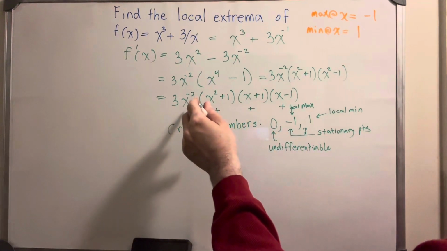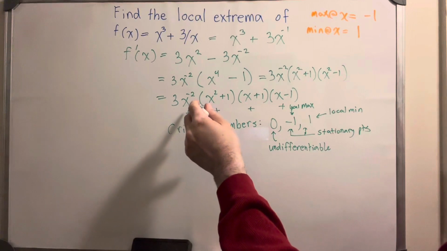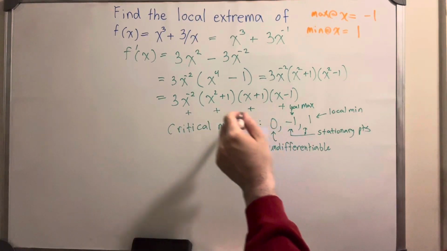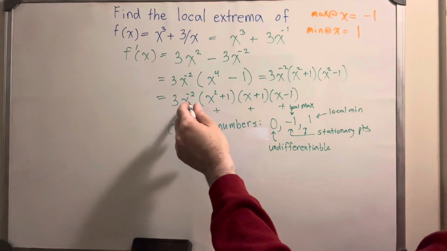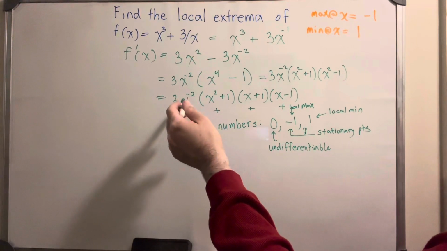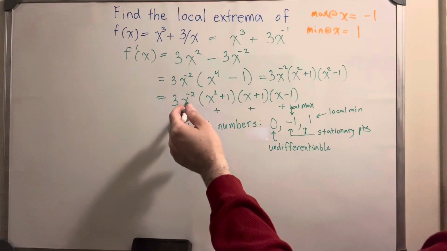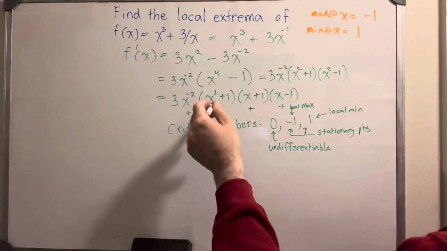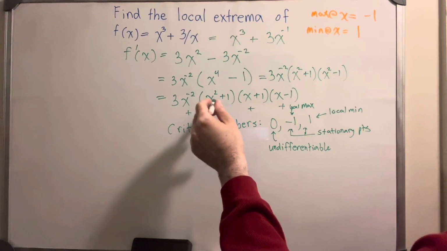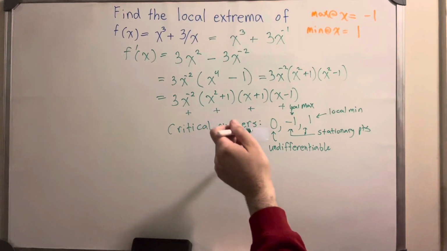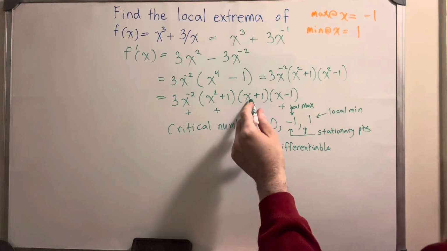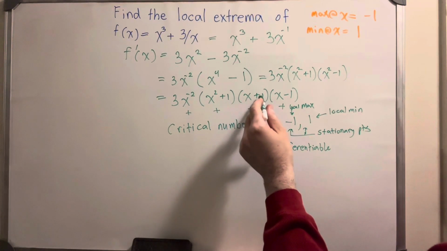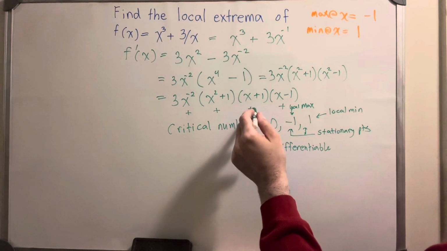Let's look at the case when x is slightly less than 0, a very small negative number. Then this would be a positive value because a small negative number squared is positive. A small negative number plus 1 would be positive.